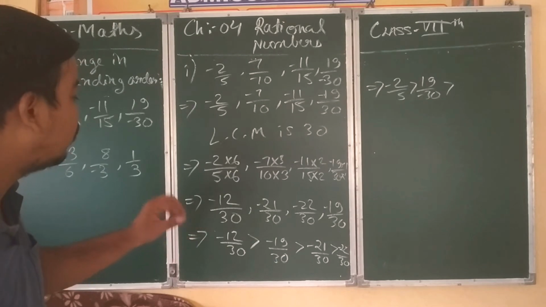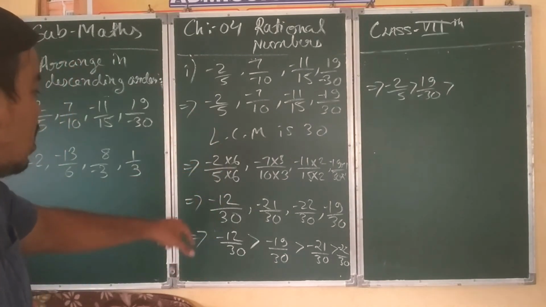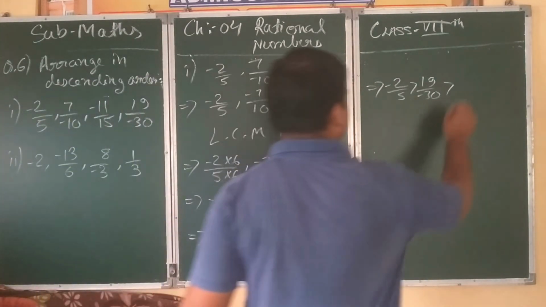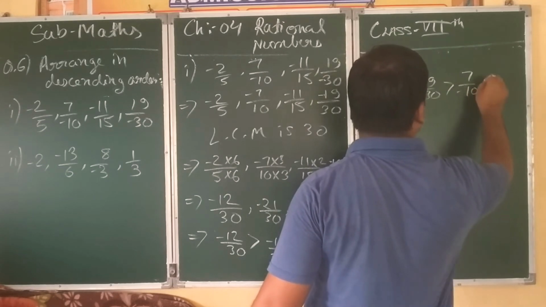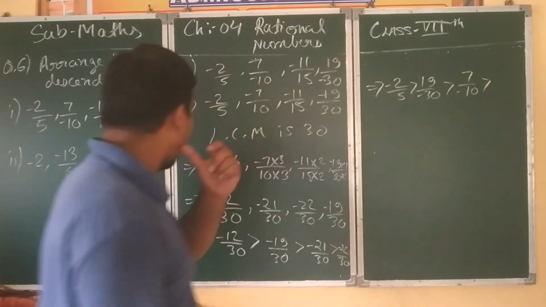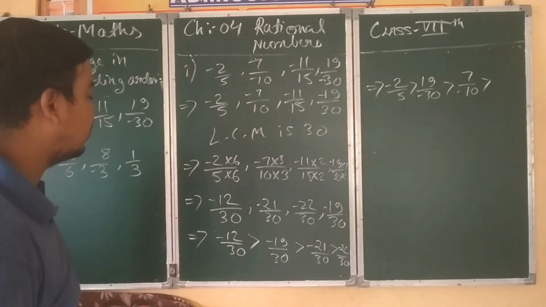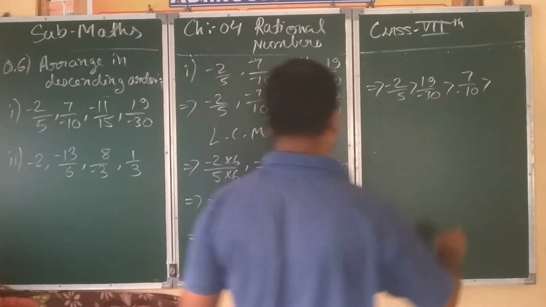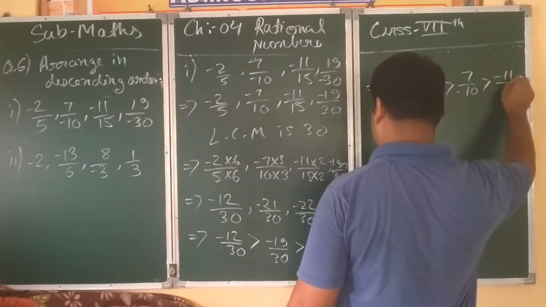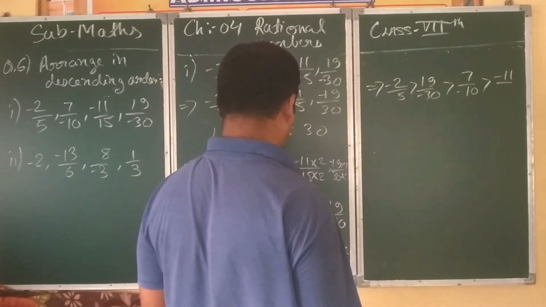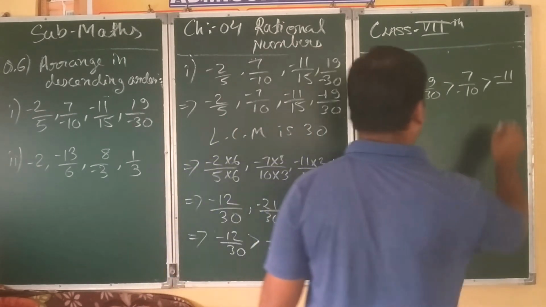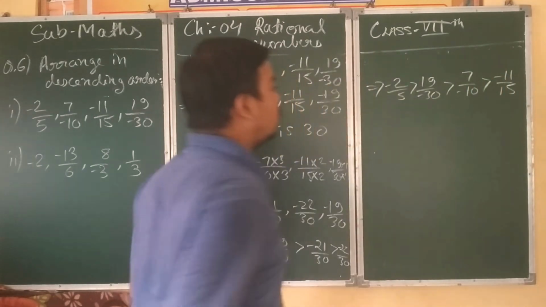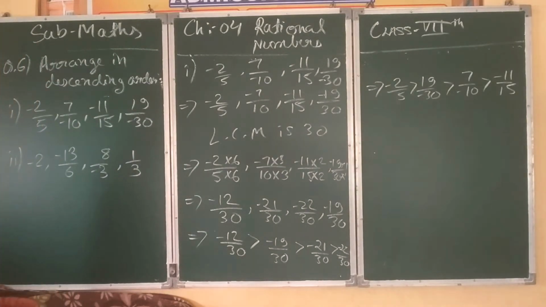Then minus 21 by 30 means 7 by minus 10. And then it's minus 11 by 15. Okay? Copy this.